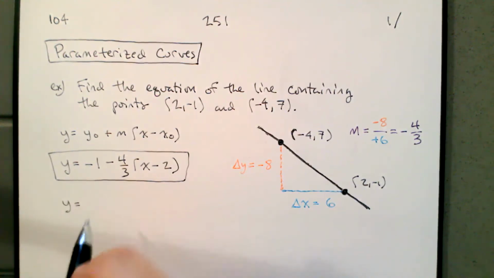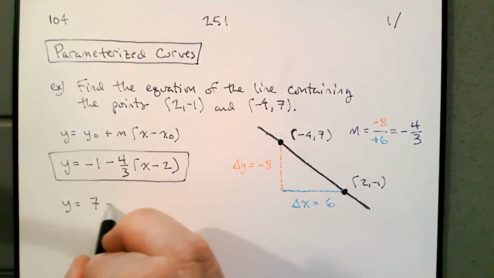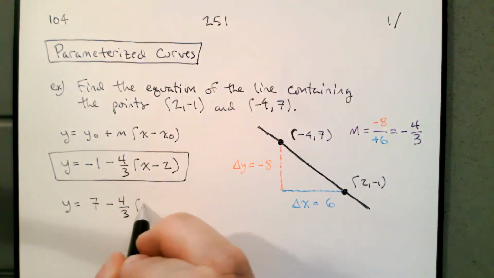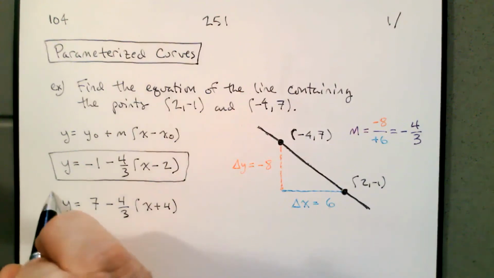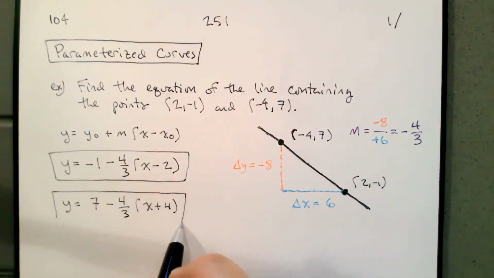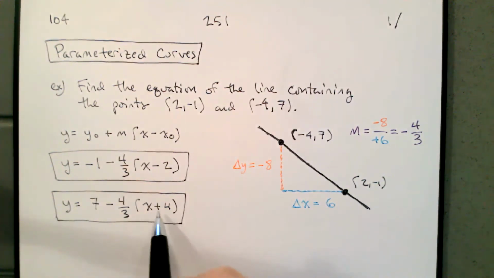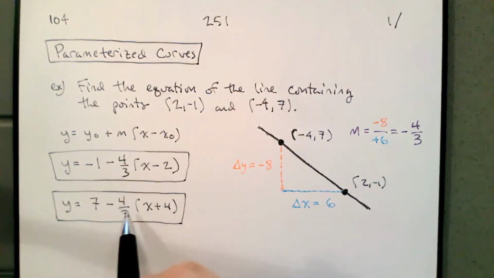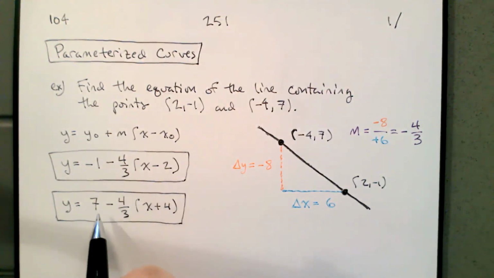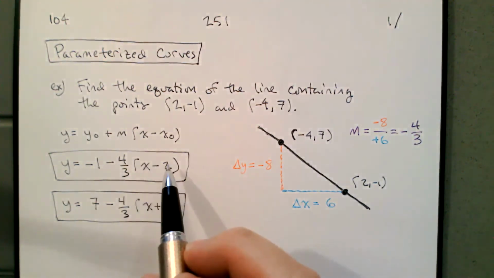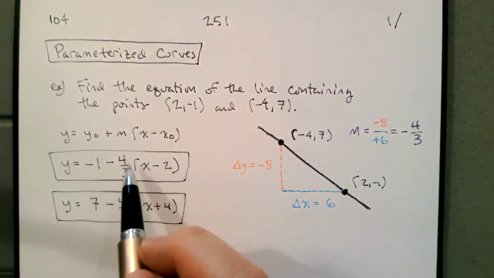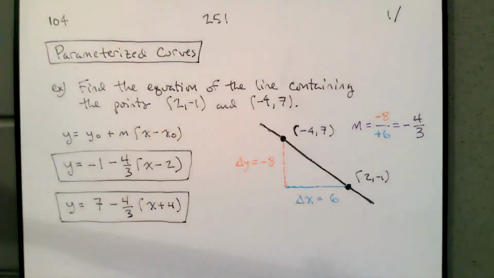We could say start off y at 7 and decrease by 4/3 whenever x is different than -4. So here, this x plus 4 means if we plug in -4, then we subtract 4/3 0 times, and we have 7. But in the first one, if x is equal to 2, then 2 minus 2 is 0, and we start with -1 and subtract 4/3 0 times. So that'll give us the point that we want.